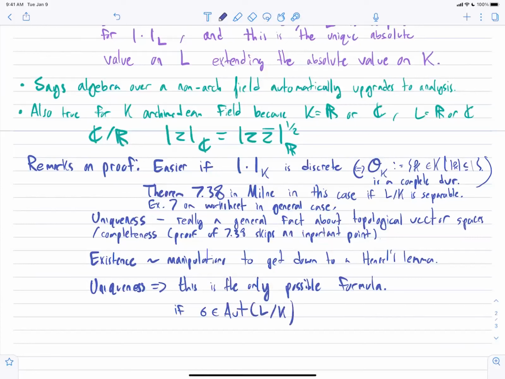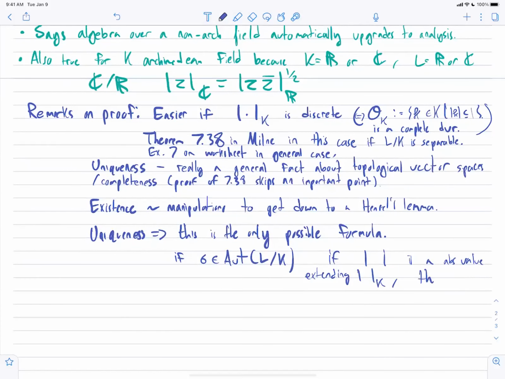If the absolute value is extending the absolute value on K, let me call this absolute value subscript 1.